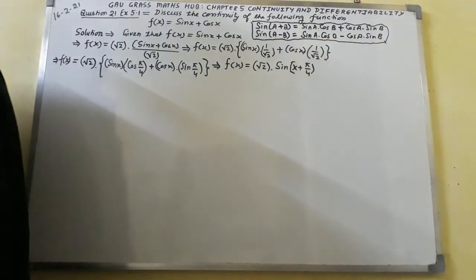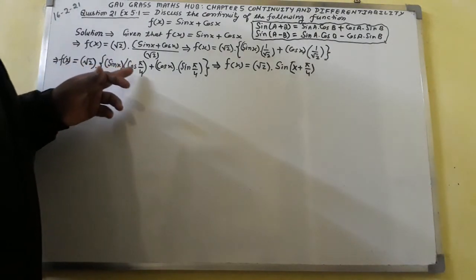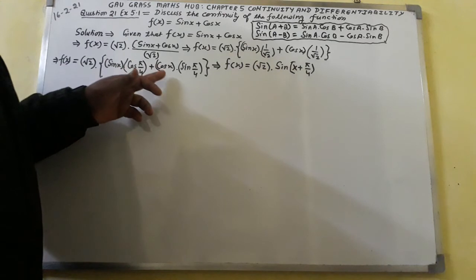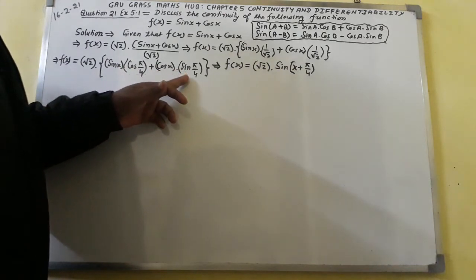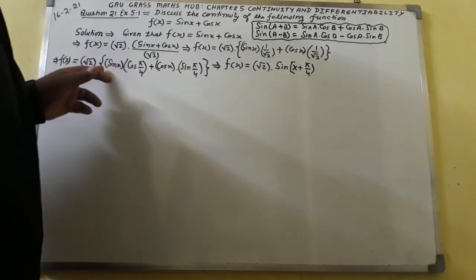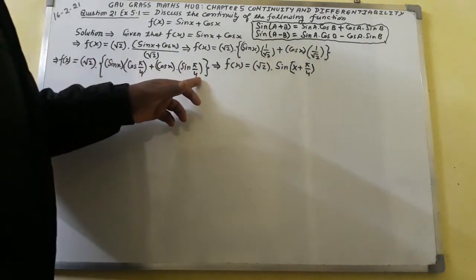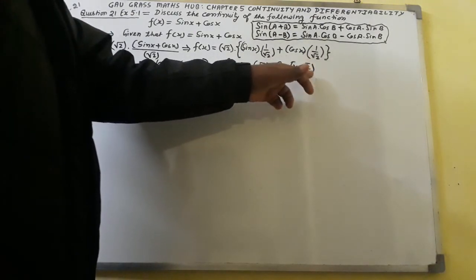So the whole term sin a dot cos b plus cos a dot sin b can be written as sin x plus pi by 4.